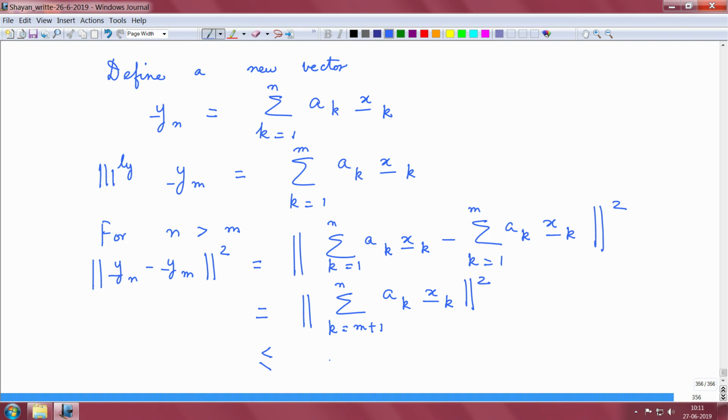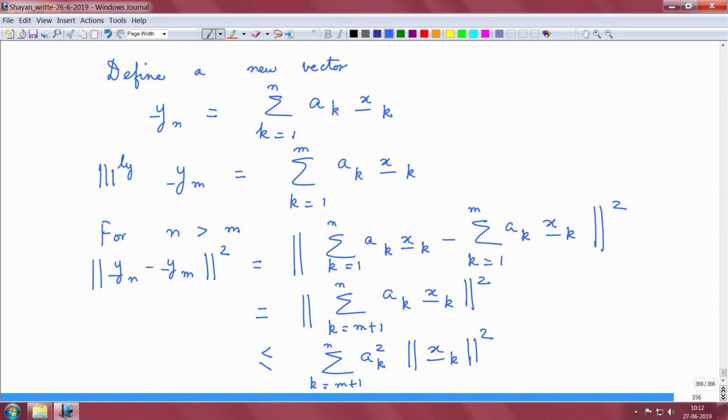The norm of a summation of something is less than or equal to the summation of the norms. So this is basically summation k equals m plus 1 to n ak square times norm xk square.